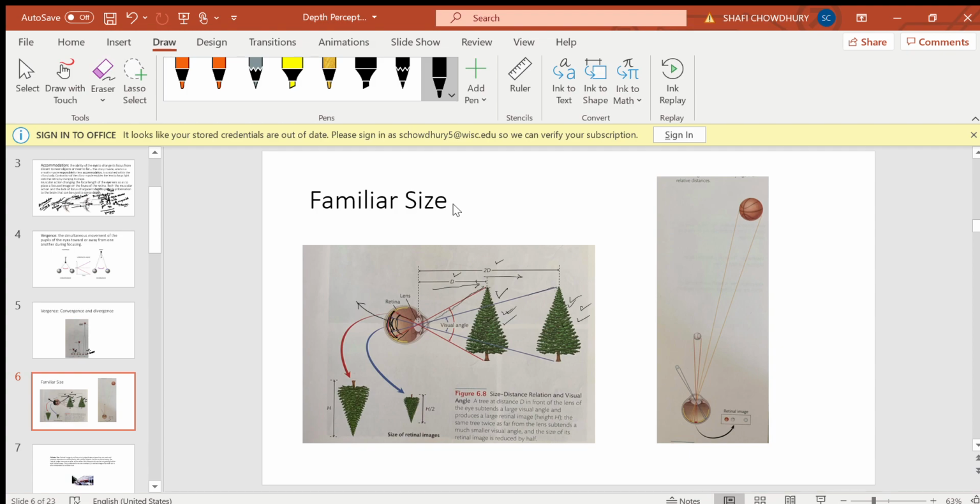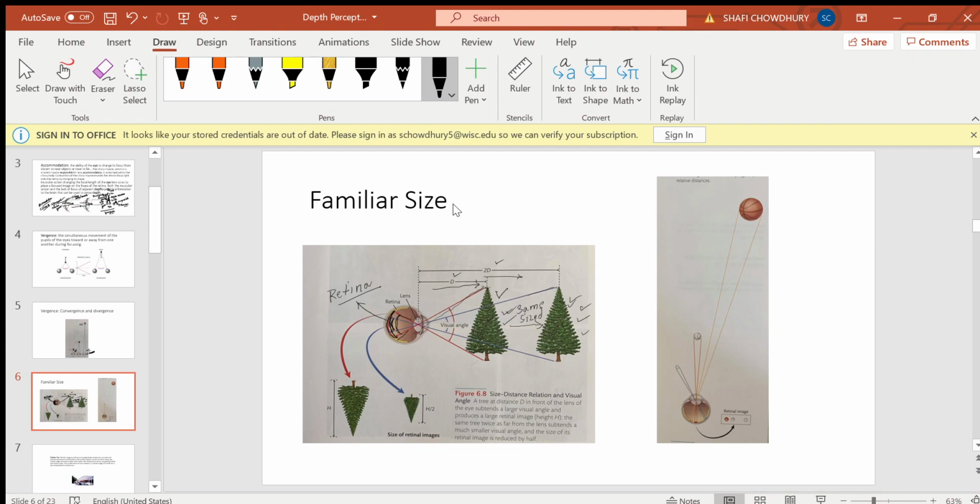Not from outside, from the retina. So whatever the retina sends to your brain, it will process that, right? So that's why your brain sees the far things smaller, near things larger, although they are the same sized. Makes sense?